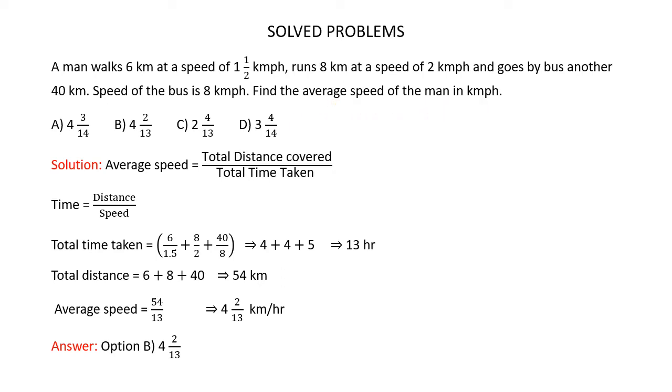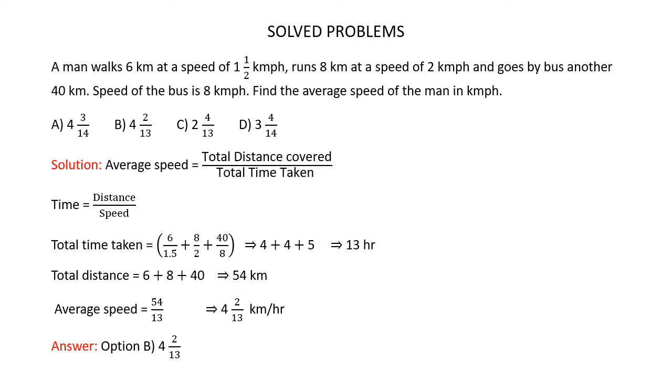We know the formula for average speed. Average speed is equal to total distance covered divided by total time taken. So let's find the total distance covered. Here it's given the man walks 6 kilometers, runs 8 kilometers and goes by bus for another 40 kilometers. So the total distance is 6 plus 8 plus 40, which is 54 kilometers.